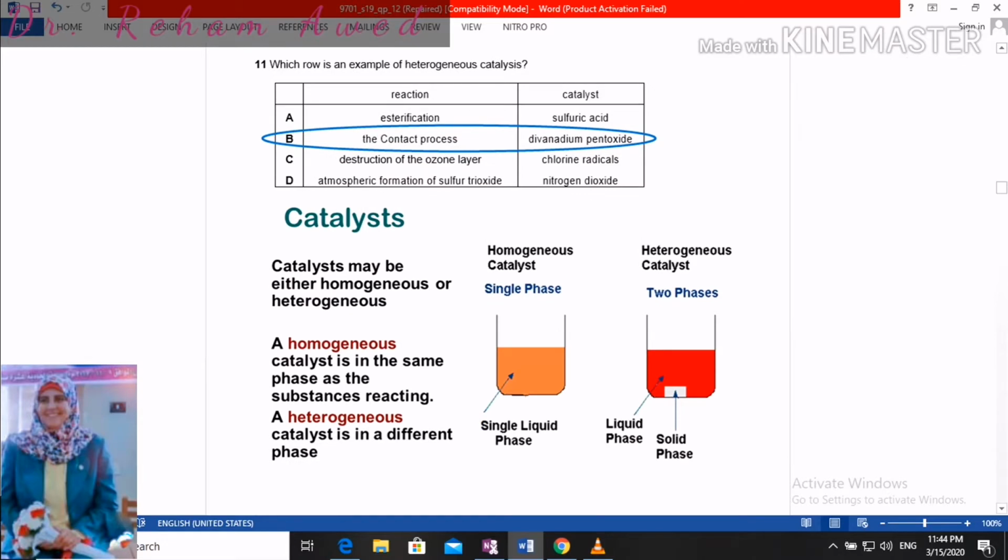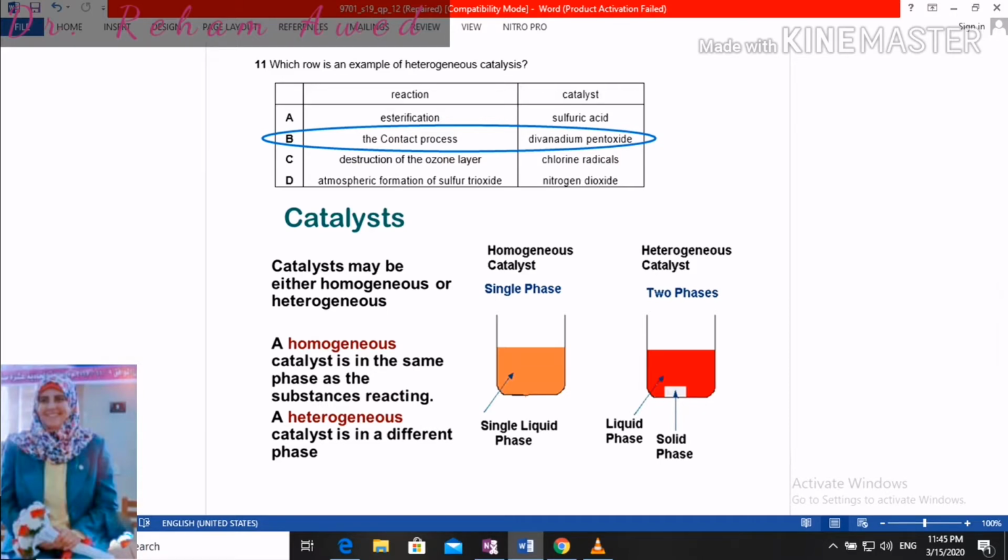We will start together with question number 11, which row is an example of heterogeneous catalysts. At first, we must know what is the difference between homogeneous and heterogeneous catalyst. Homogeneous catalyst is a catalyst in the same phase as the substance reacting. It is a substance in the same phase of reactants. For example, if I will react solutions, my catalyst will be solution.